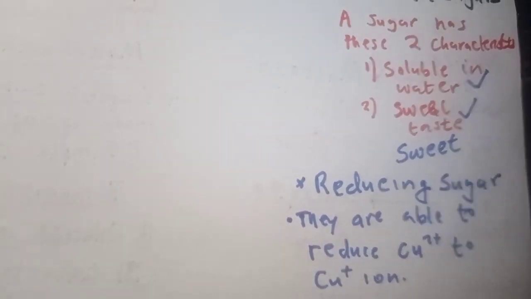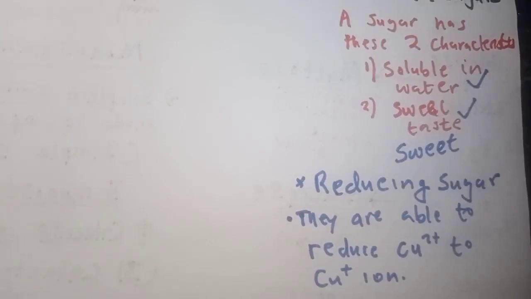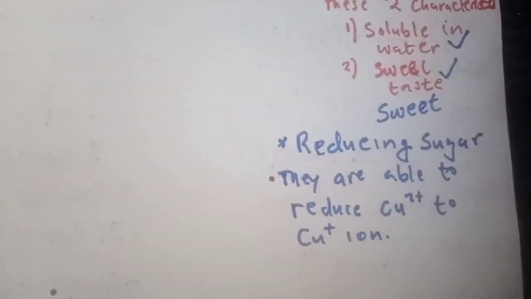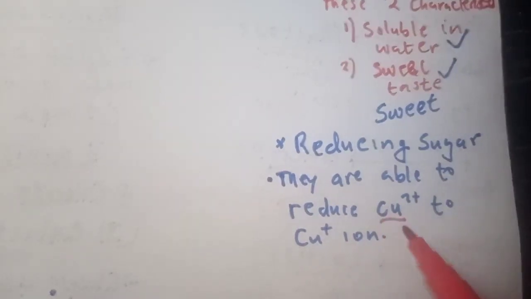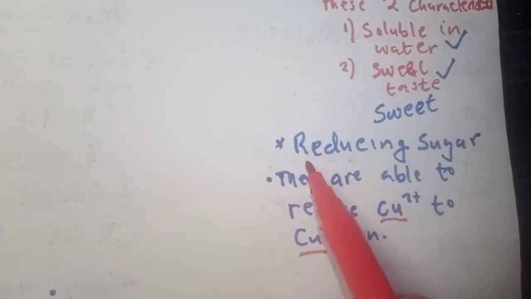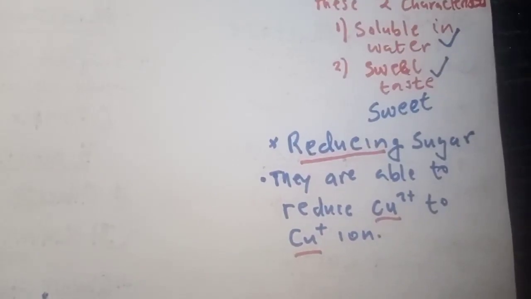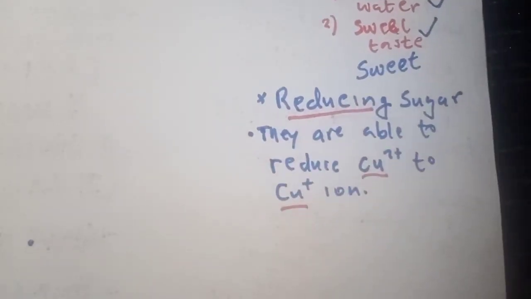That is why they are known as reducing sugars. Hence the name, reducing sugars. So all monosaccharides and disaccharides are reducing sugars.